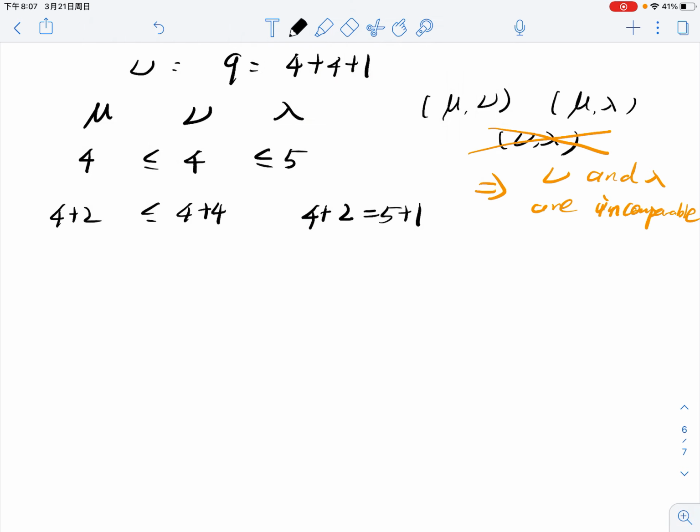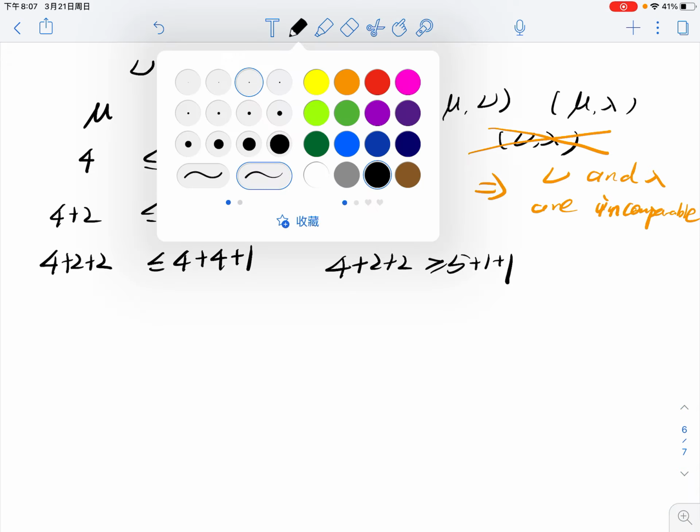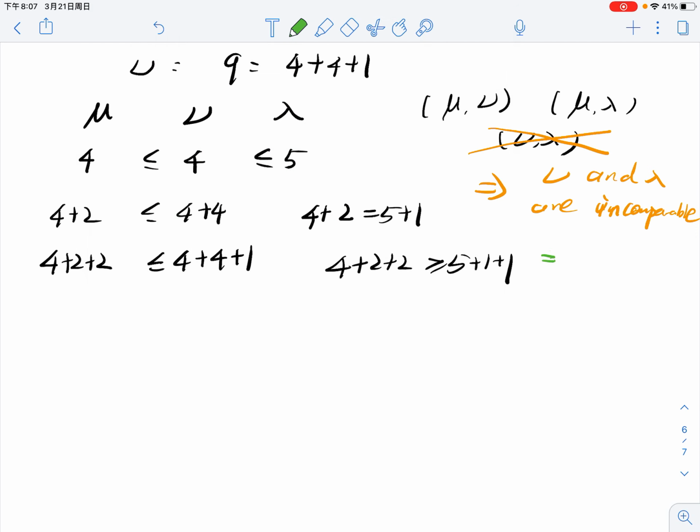And for mu and nu, let's consider the partial sum of the first three terms. You still have this one, but then 4 plus 2 plus 2 is greater than 5 plus 1 plus 1. So this means mu and lambda are incomparable.